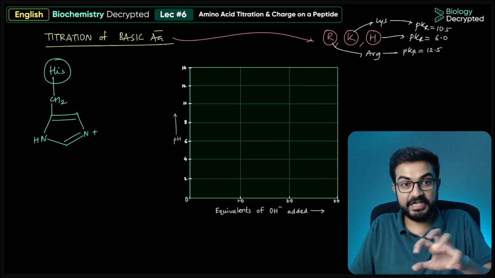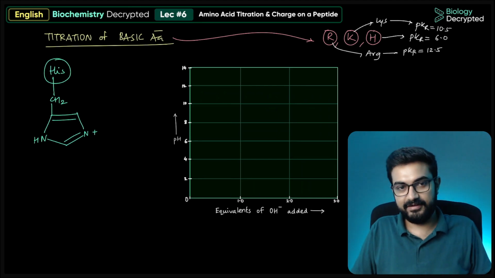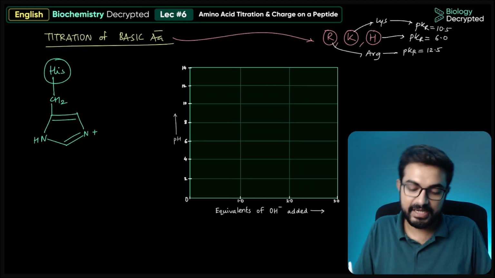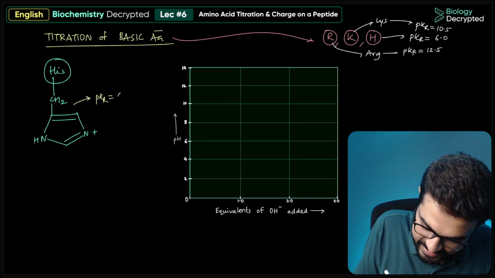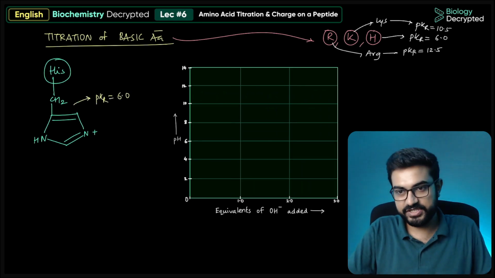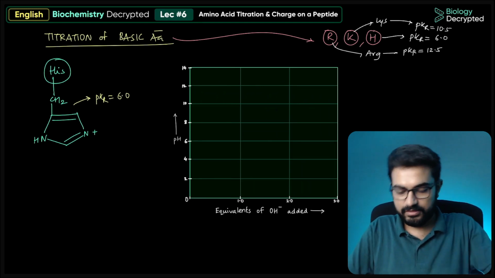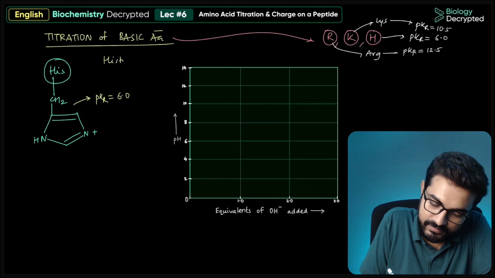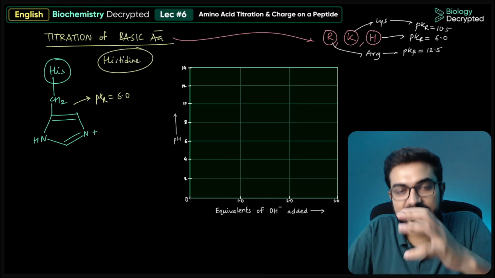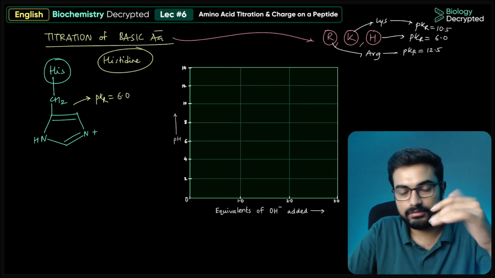This is the imidazole ring, and for this imidazole ring the pKr is 6.0. So we'll draw the curve for histidine, but we'll also look at the ionization of lysine and arginine in a very crude manner.